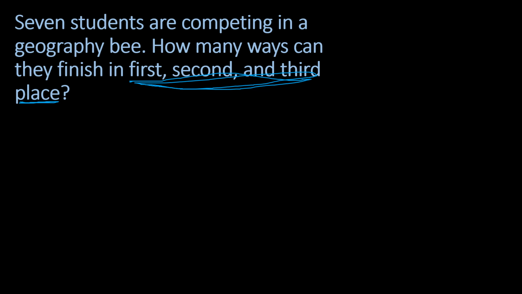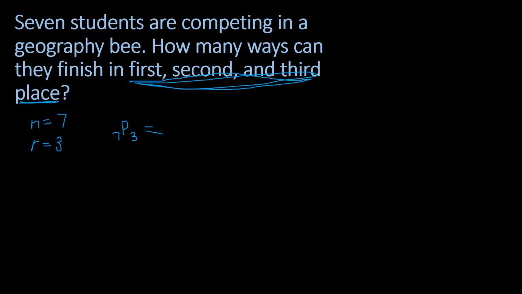Because they're getting a placement, order matters, so I know I'm using P. Okay, so I need to identify n and r. N is how many total, right? So there are 7 students competing, so n is going to be 7. R is how many we're arranging, so we have first, second, and third place, so that's 3 spots we can use. Okay, so 7 P 3.